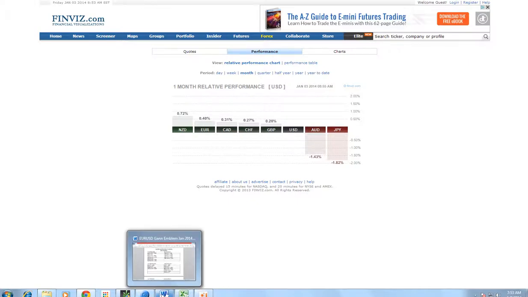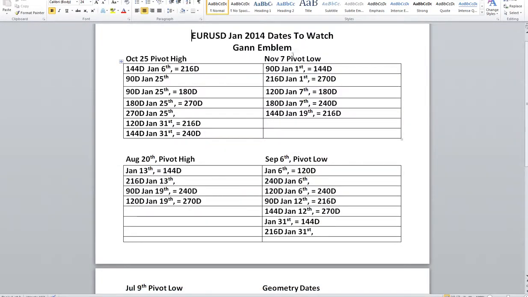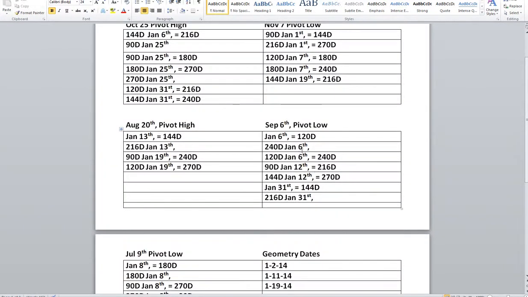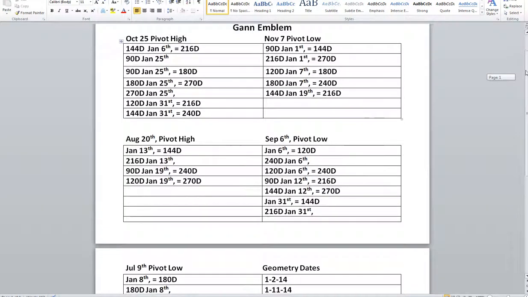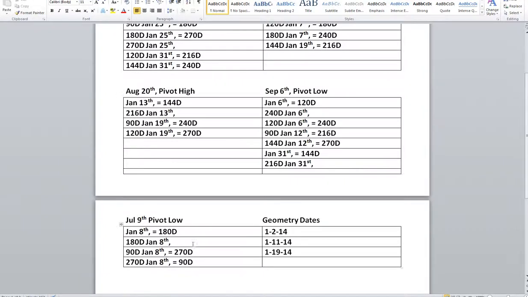I wanted to show you a couple of dates I have an eye on, which will be January the 6th. There's a pivot here, and then there's three here, so there's a good vibration connection right there. And then the 8th you have 4 right here from the July 9th pivot low.